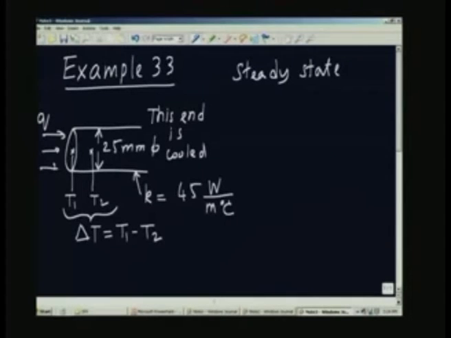If the thermal conductivity is large, the temperature gradient will be small, and vice versa for a given value of Q. Therefore, depending on the heat flux which you want to measure, and the maximum temperature to which the gauge can be subjected, we can use different materials, and I have just chosen a material with 45 watts per meter degree Celsius as the thermal conductivity.